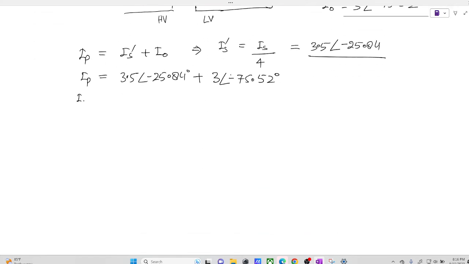So IP is, add these values, what are you getting? 5.90 at an angle minus 48.64.